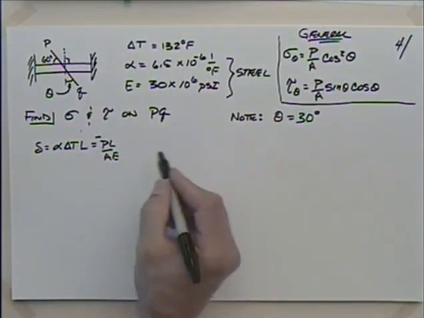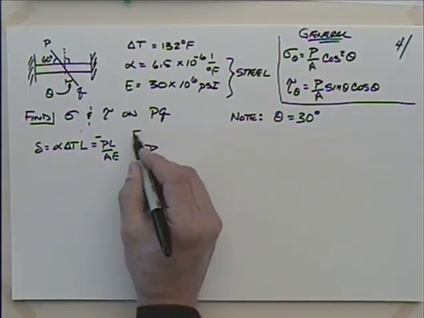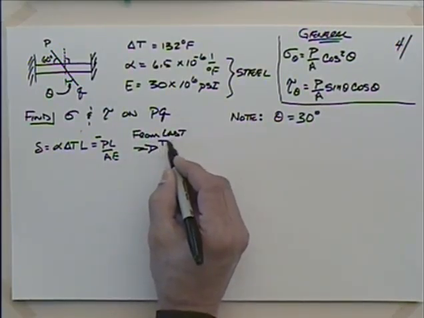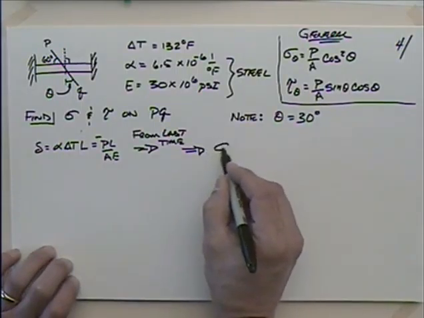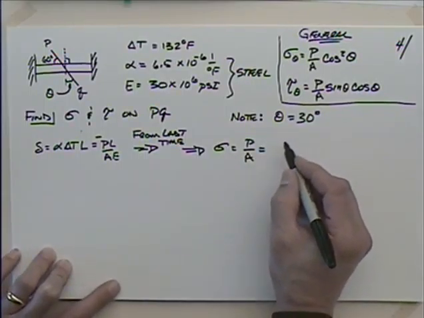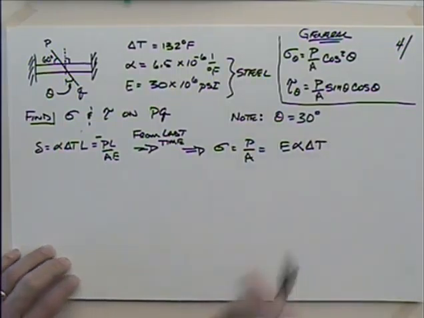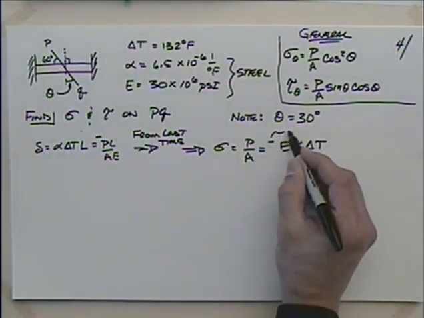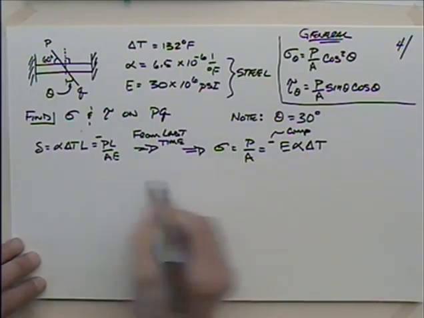From last time, the stress, which is P over A, is equal to E times alpha times delta T, and we should probably put a negative in here because it's going to be compressive. So if I go through this, I could solve for that P over A.